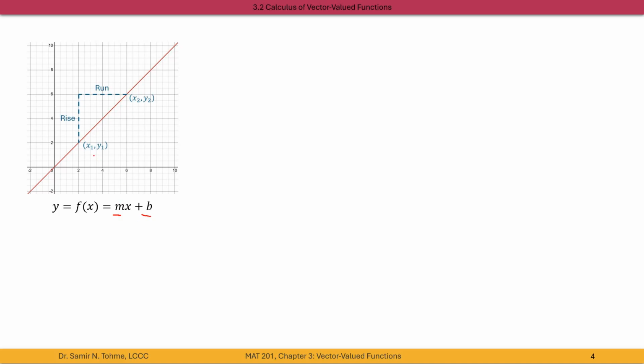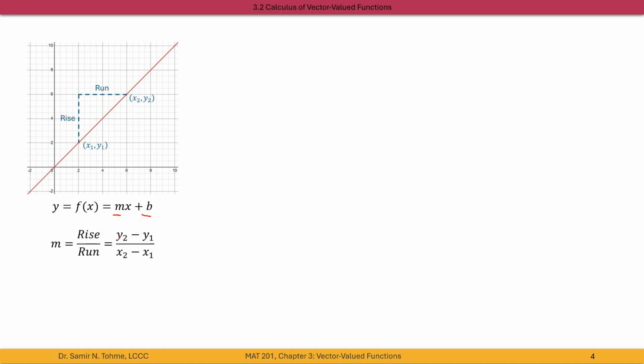Now, we consider 2 points. The first point has coordinates x1 and y1, and the second point is over here and has coordinates x2 and y2. To calculate the slope of this straight line, we calculate the rise over the run.